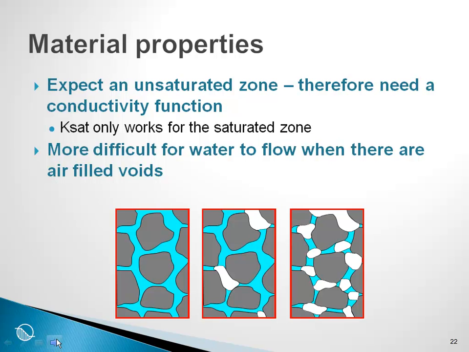To get the idea of why we need a function, we can look at this graphic. And when we expect an unsaturated zone, we need to have a conductivity function. Ksat only works for saturated zone. So when all the pores or voids are full of water, we are saturated.